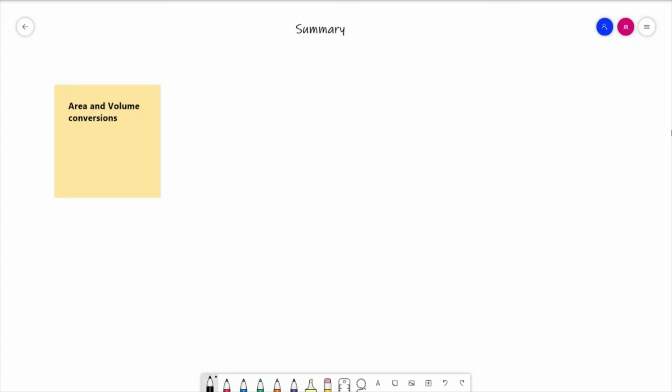So to summarise then, if we have to do area and volume conversions, remember if we just take the linear version, so let's just take centimetres as an example. If we go centimetres to metres, we know that we would divide by 100.